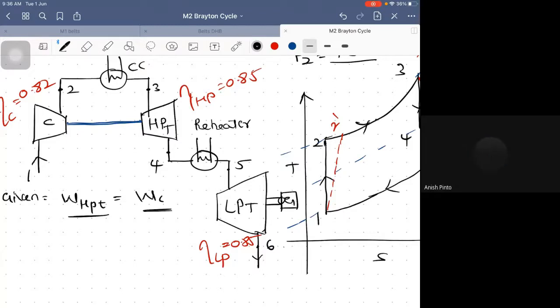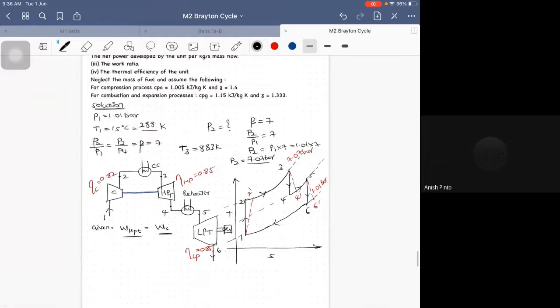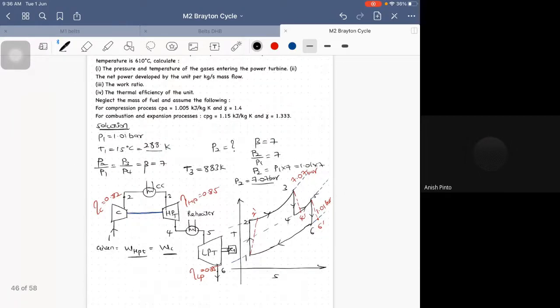LP turbine. So LP turbine will give you the power output. So what he has asked is the pressure and temperature of the gas entering the power turbine. Which are those two values? Whether it is P3, P4, what is that? Which one is that we need to find? P5.